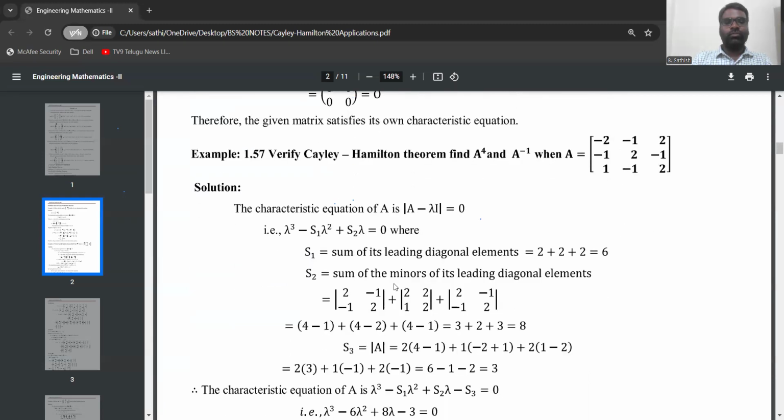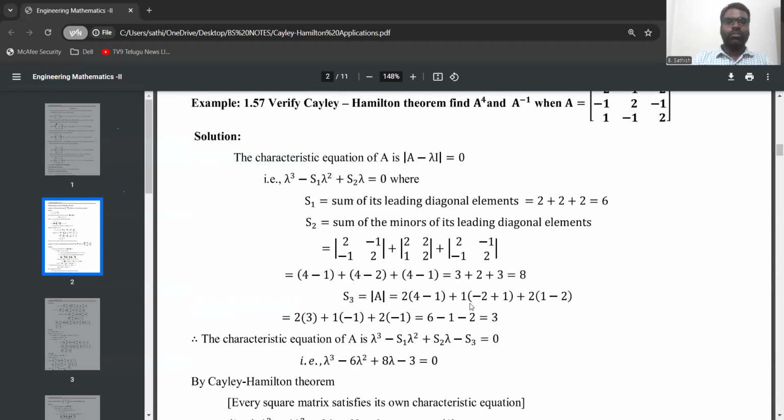Similarly, the second element's minor, removing its row and column, gives 2, 2, 1, 2. That is the second minor. The third minor, removing the last row and last column, gives again the determinant of 2, minus 1, minus 1, 2. Those are the minors, and the sum of those gives your s2 value.